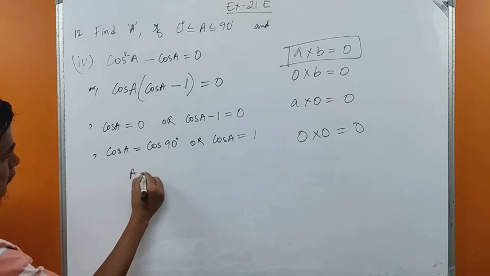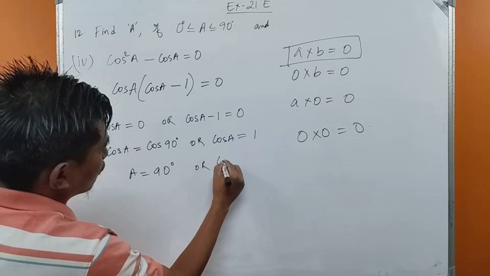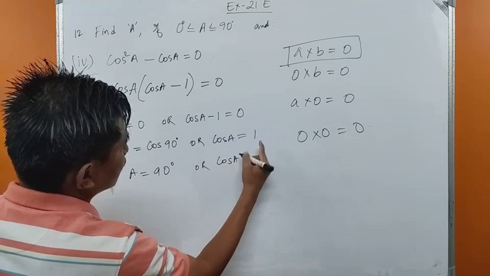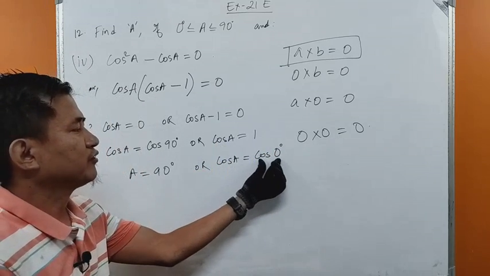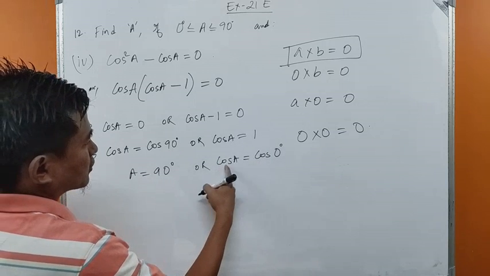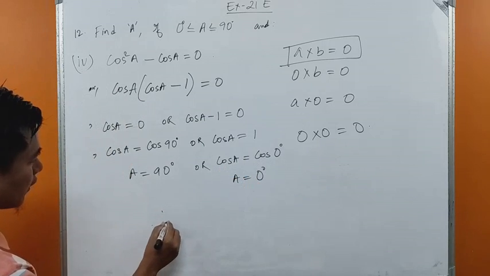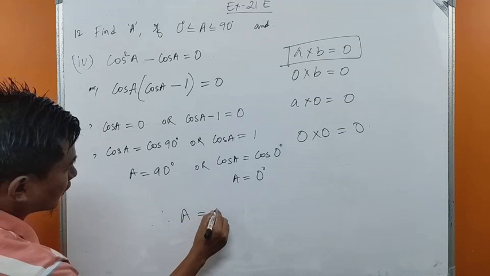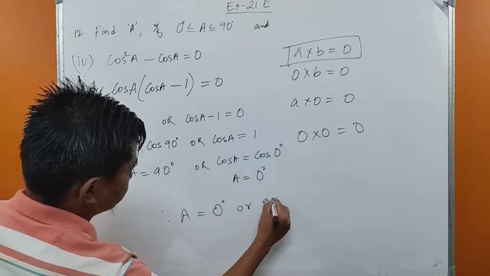We have A equals 90 degree, or cos A equals 1 means cos 0 degree. The value of cos 0 degree is 1. So we leave cos and cos from both the sides. A equals 0 degree. Therefore, we have two values of A, either 0 degree or 90 degree.